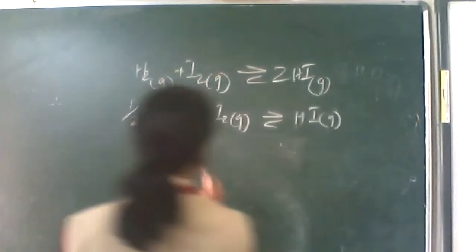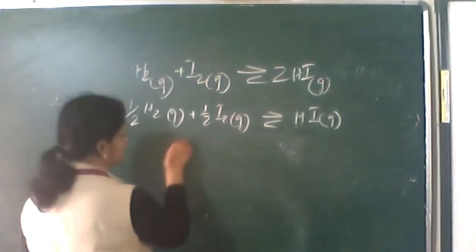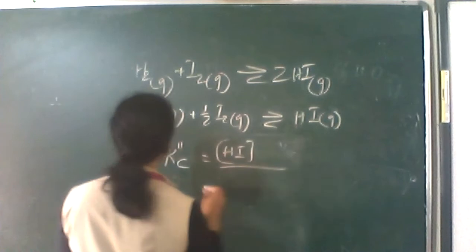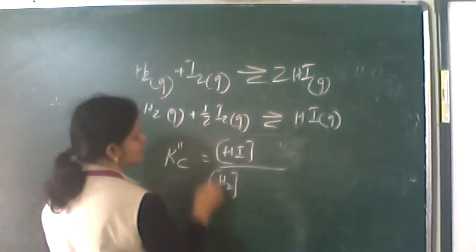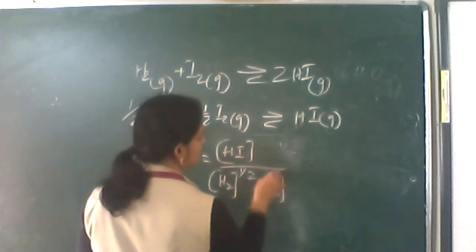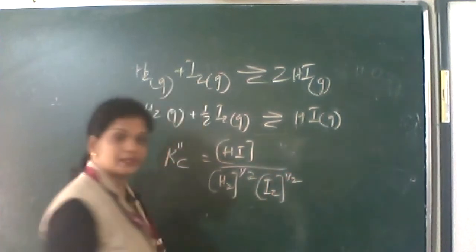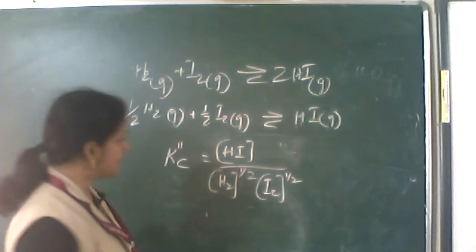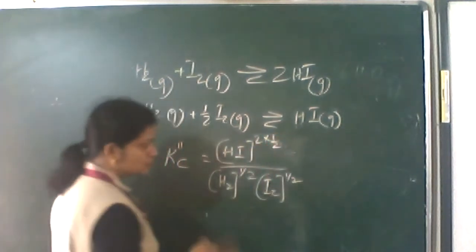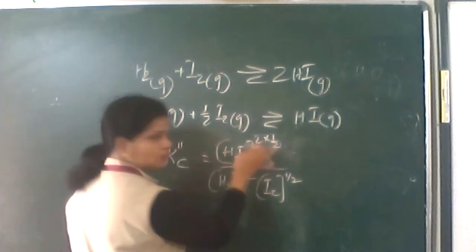Here the equilibrium constant K2 dash C is equal to HI divided by H2 raised to half and I2 raised to half. This is K2 dash C. I can write this as 2 into 1 by 2, that is 1 only.